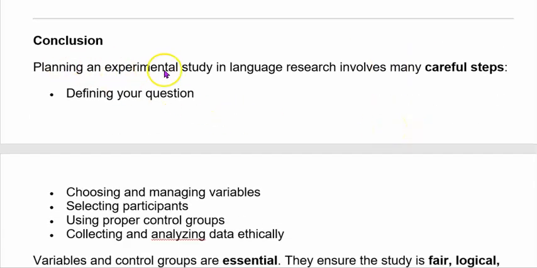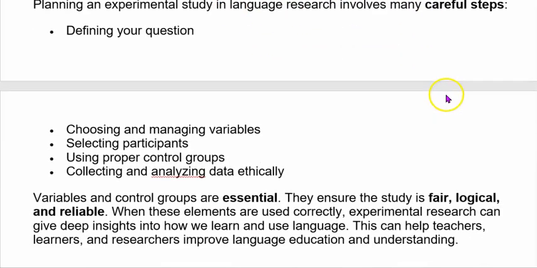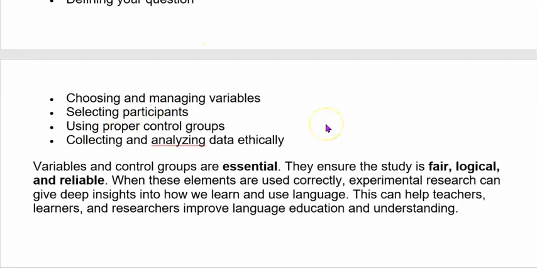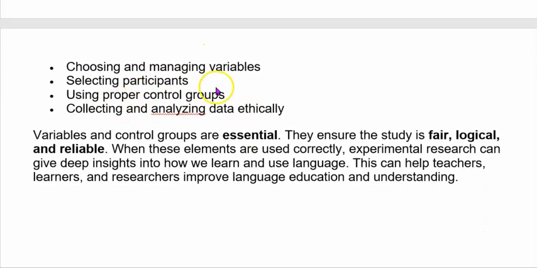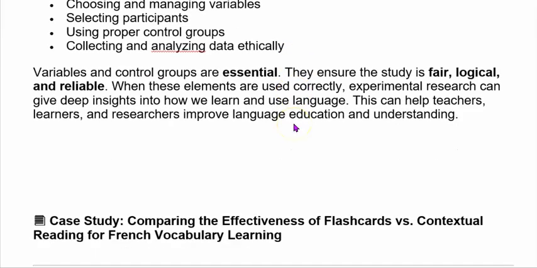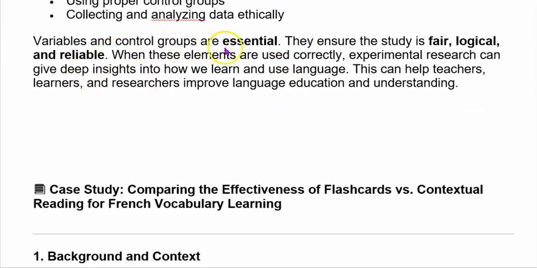Conclusion. Planning an experimental study in language research involves many careful steps. Define your question, choose and manage variables, select participants, use proper control groups, and collect and analyze data ethically. Variables and control groups are essential.